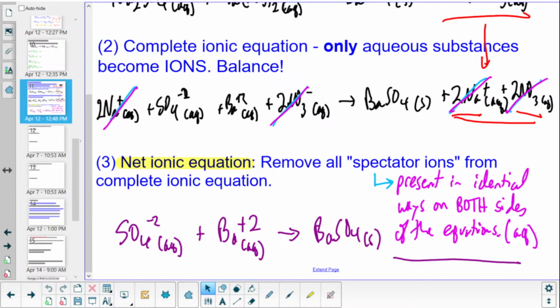Okay, so now let's write this again. So we have Ca plus, K plus.